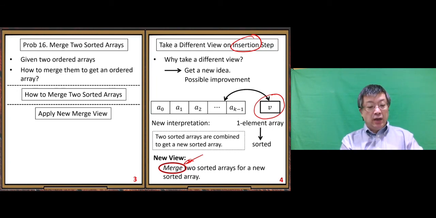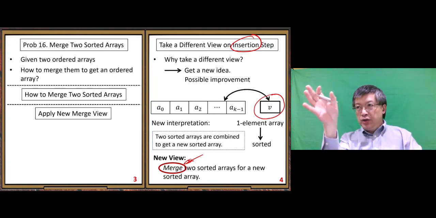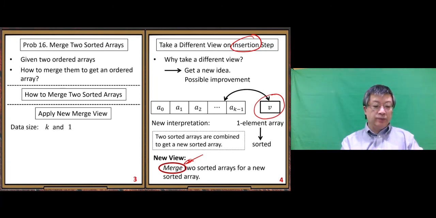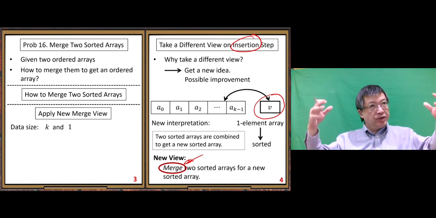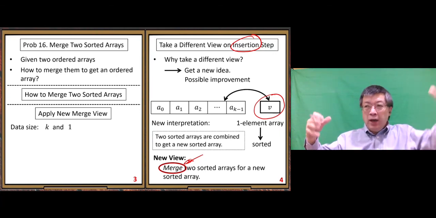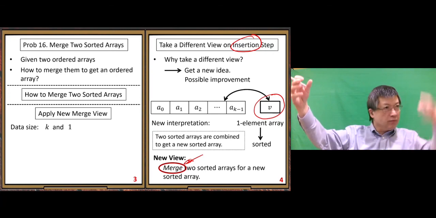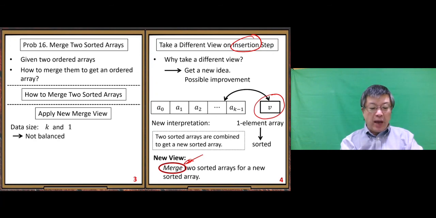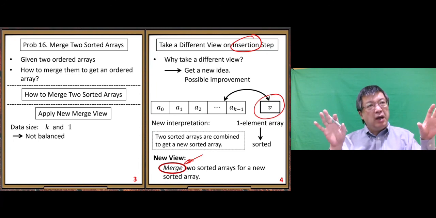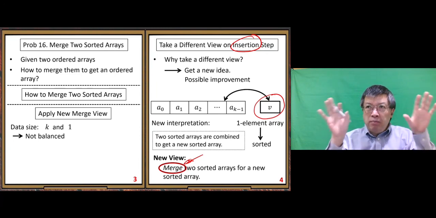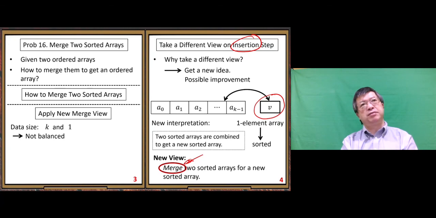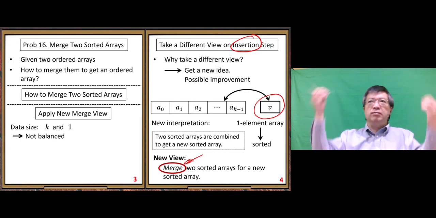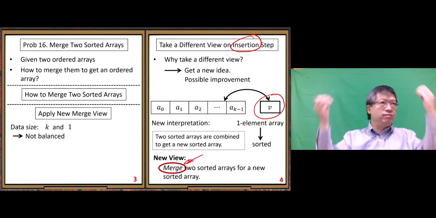When we apply the new view for the insertion step, we merge two arrays. One array has size k, another array has size 1. K and 1 merge. But when we do that, we notice these two arrays, our data is not quite balanced. The data size difference is big.